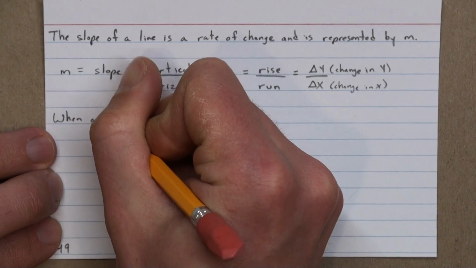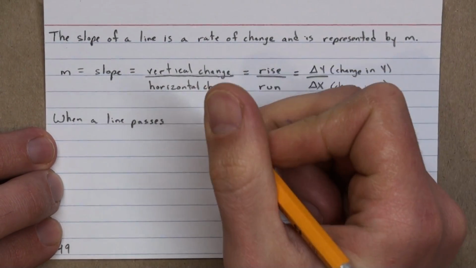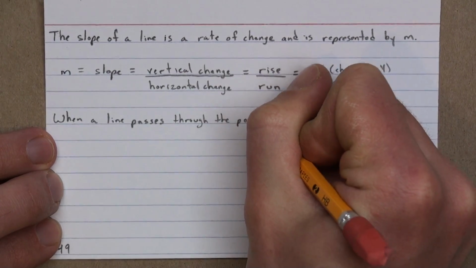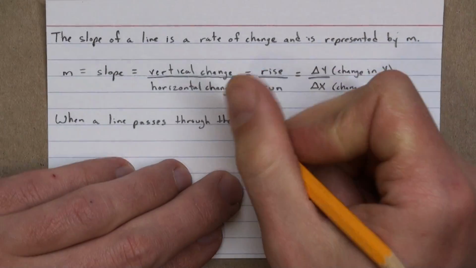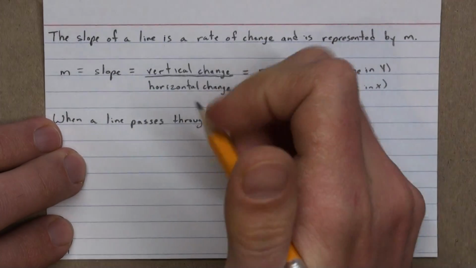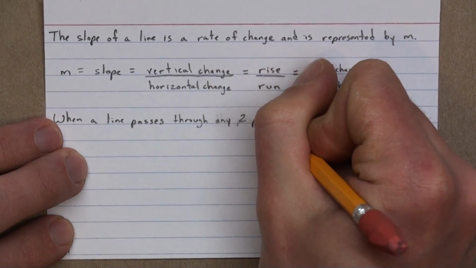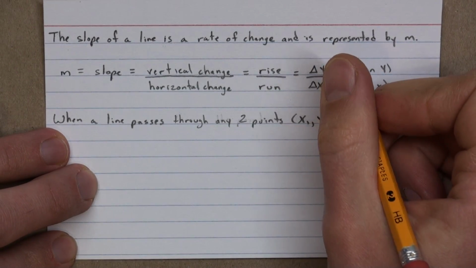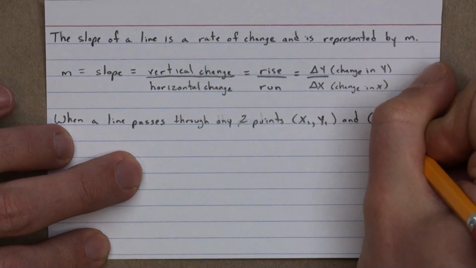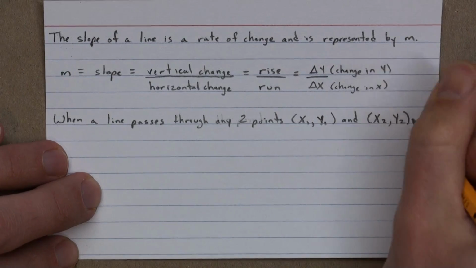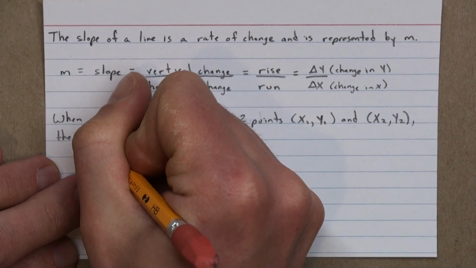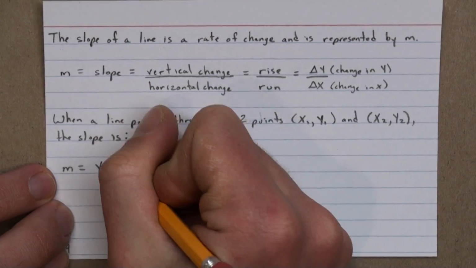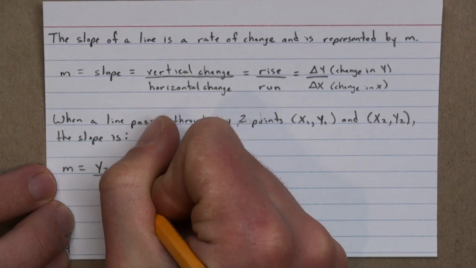So when a line passes through any 2 points, and we'll call them x1, y1, and x2, y2, the slope is, and this is the formula that we would use, m equals y2 minus y1 divided by x2 minus x1.